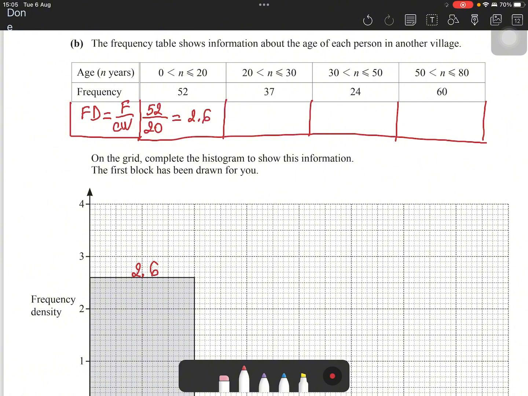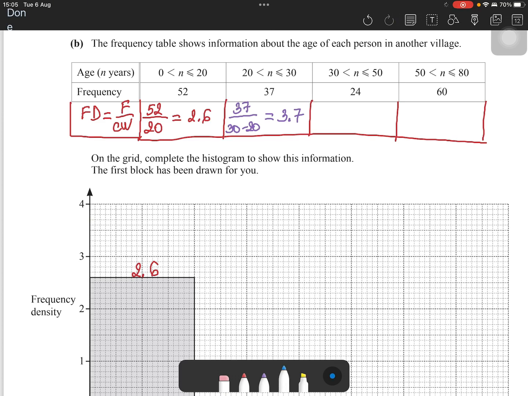Now for the second one, the frequency is 37 divided by the class width, 30 minus 20, which is 10, so 3.7. So for the second one, we need to draw a column of 3.7.